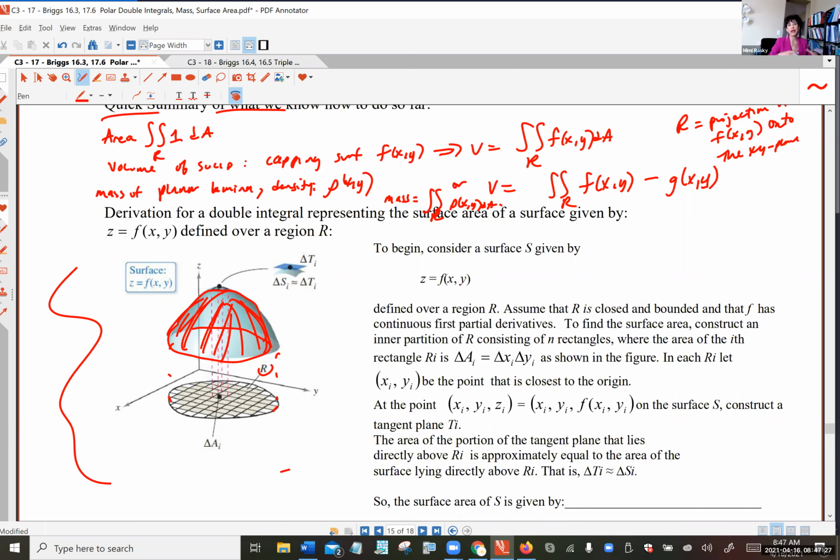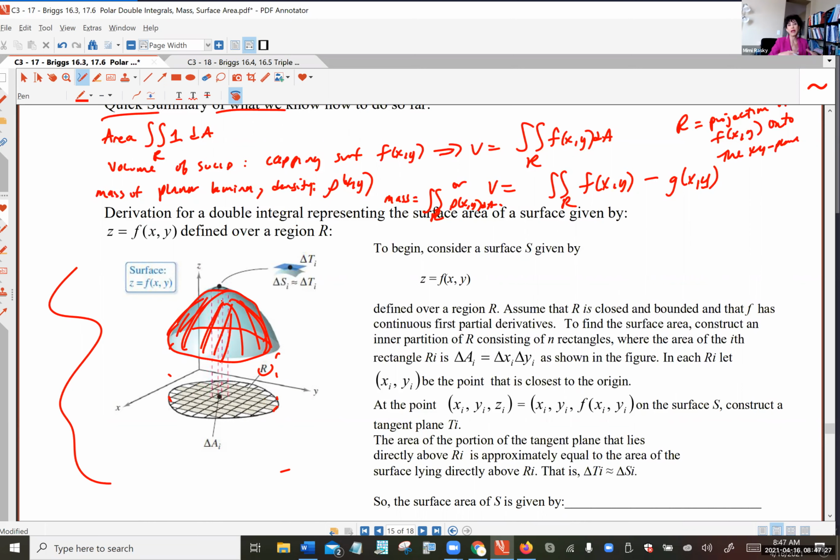Hovering right above that little ith rectangle is a little curvy patch of surface area. But the surface area you can see there is kind of curvy. They're calling that little surface area patch delta S sub i.